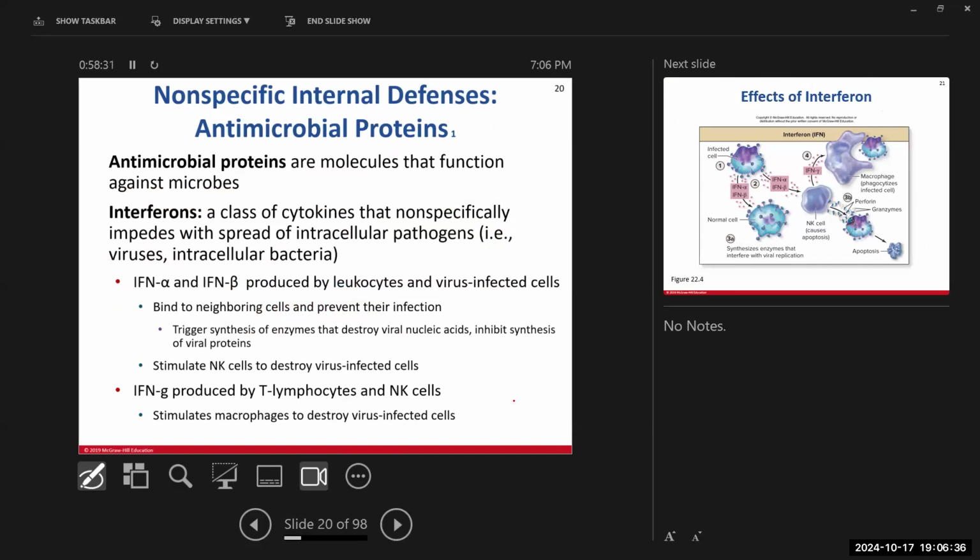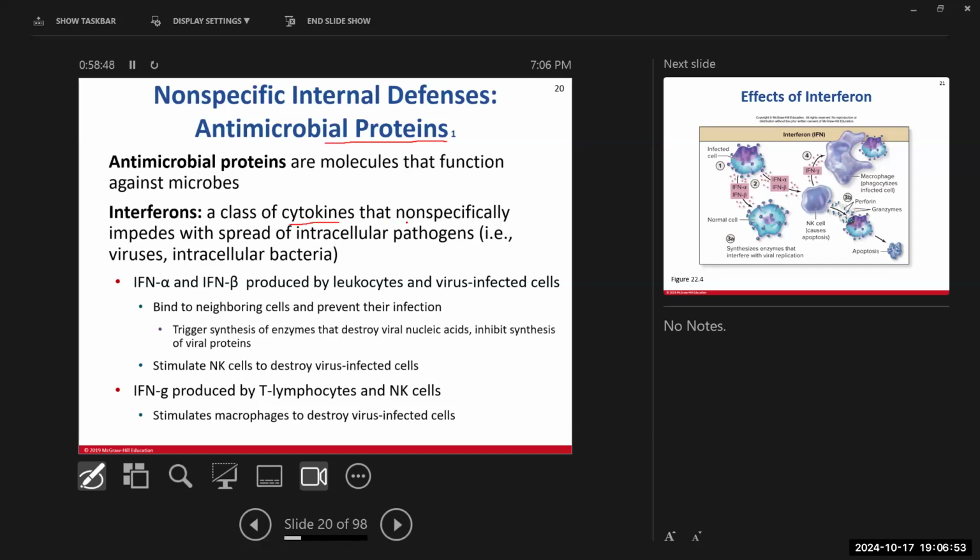Okay, so let's talk about our chemicals, or the antimicrobial proteins. Obviously the name tells you exactly what these proteins do. One of the classes you're going to see is called interferons. Yes, they are cytokines.